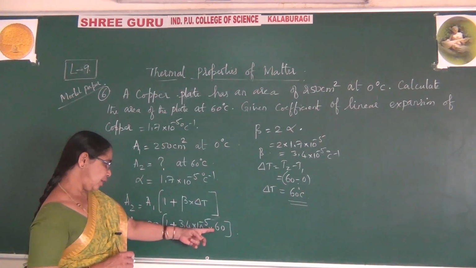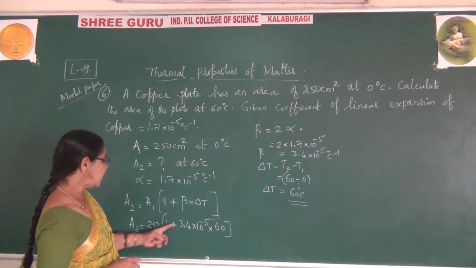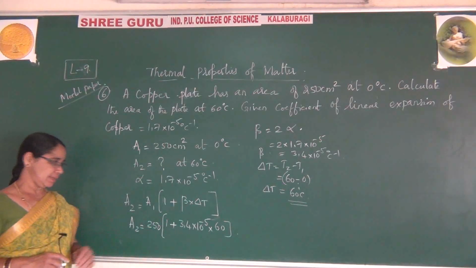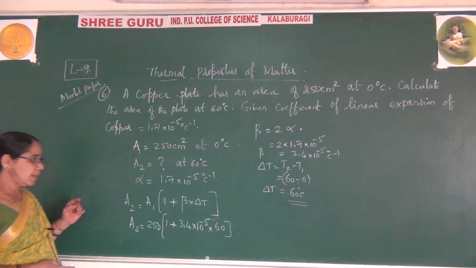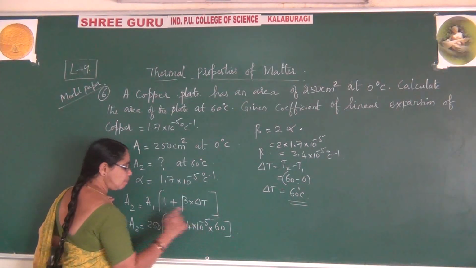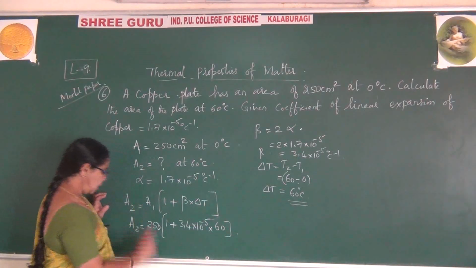So 3.4 into 60 first we have to calculate, and then we have to add 1. Then we will get the bracket value. And then after that you have to multiply this. Hope you are understanding what I say. It is 3.4 into 60 first you have to multiply, plus 1 you have to add, and that will be multiplied by 250.